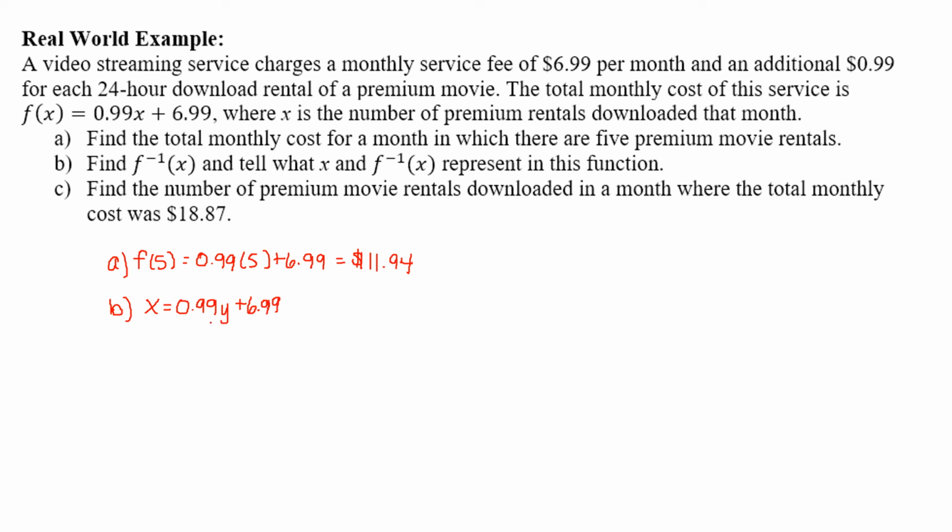And then we solve for y. So there's my inverse. And so in this one, for the inverse, this represents the number of premium movie rentals that we can do in a month.